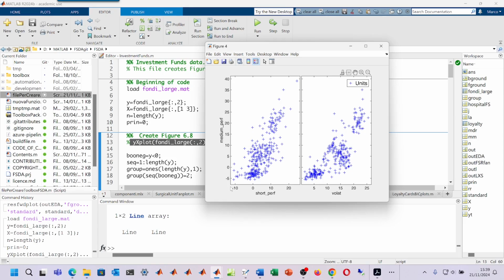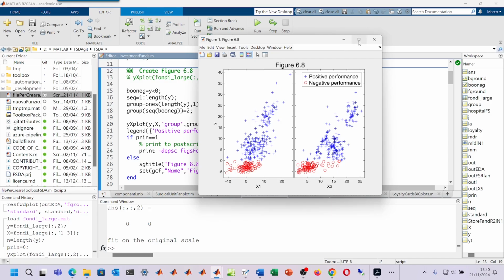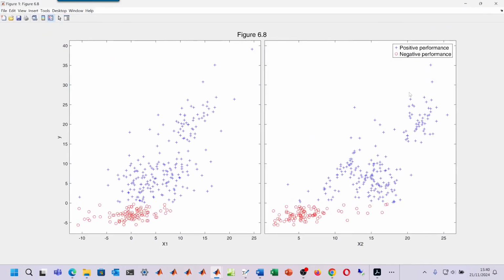The response is the medium-term performance of the funds. The first indicator, X1, is the short-term 12-month performance of the bonds, and X2 is the short-term volatility. Performance is measured as the percentage change in the price of units of the fund. Now we repeat the previous plot, but now we have two colors.